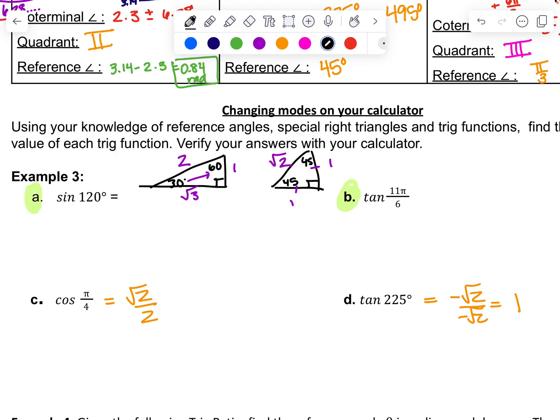So why do we care about that? I'm going to ask you to find the sine of 120 degrees. So what does that mean? That means that if I make my angle at 120 degrees, we would agree that that would be my rotation.